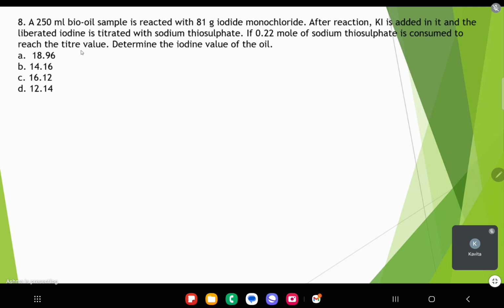If 0.22 moles of sodium thiosulfate is consumed to reach the titer value, determine the iodine value of the oil. So we have four options. We have to find the iodine value of the oil. I'll give you 5 minutes. Please solve this question and write your answer or option in the chat box.